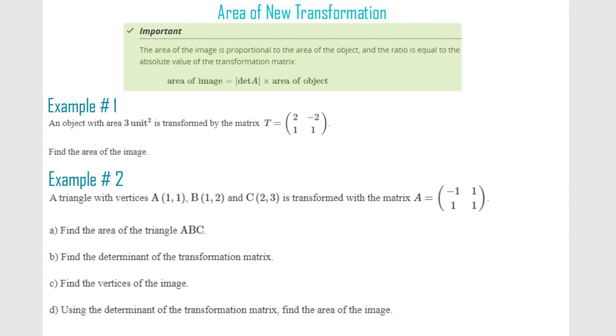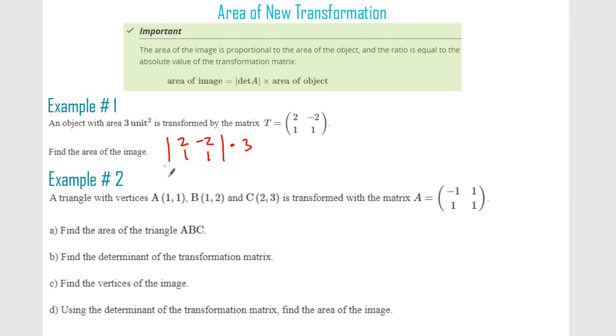All right, let's see, last one is the area of a new transformation. So it's literally take the determinant times the area of the object. Okay, so an object with this area is transformed by this matrix. So the area of the new image is just the determinant of this transformation times 3.